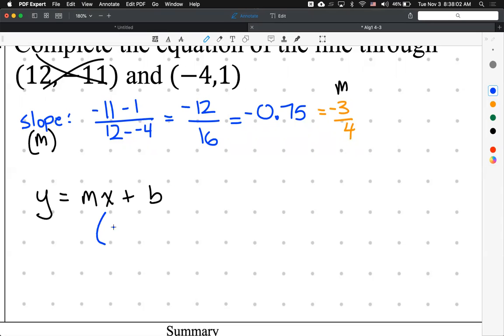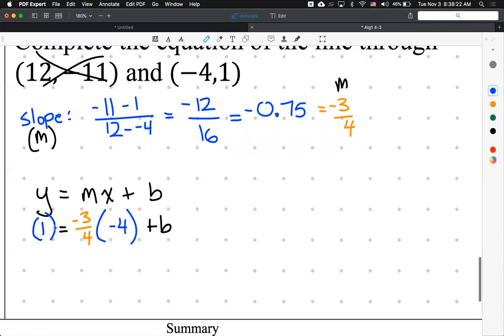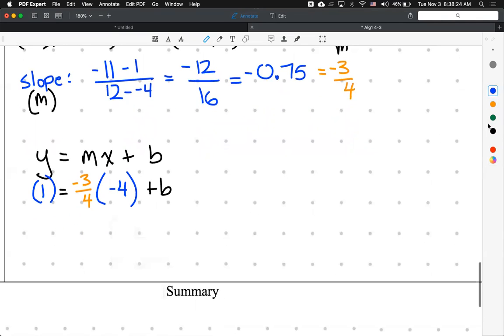The x, well, I used 4, negative 4. Negative 4. Okay, so it's this x right here. And then for my m, I used negative 3/4. And then for my y, I used the 1. All right, perfect. What's the next step? Can you keep doing it, Alden, if you don't mind?